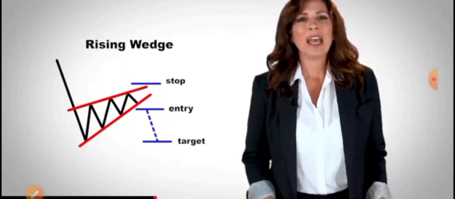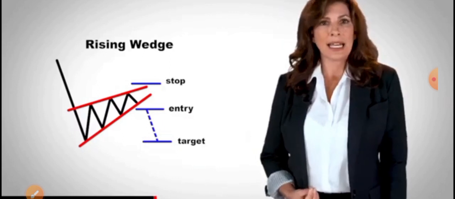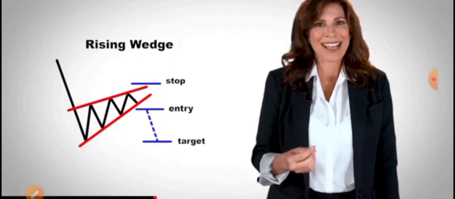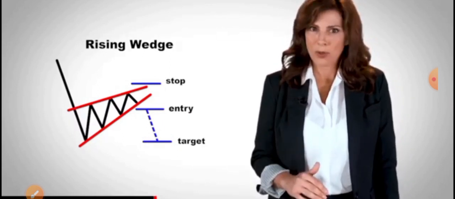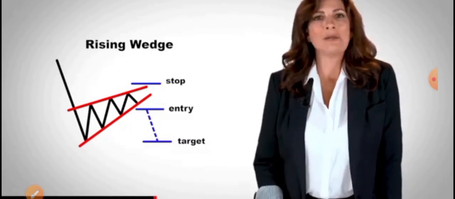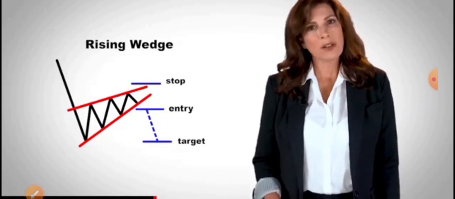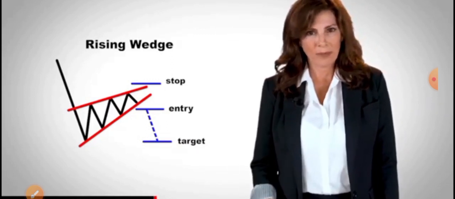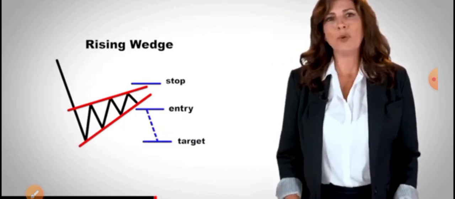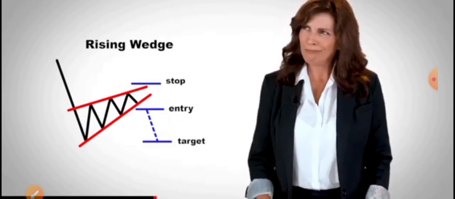As you can see, the price came from a downtrend before consolidating and sketching higher highs and even higher lows. In this case, the price broke to the downside and the downtrend continued. That's why it's called a continuation signal. See how the price made a move down that's the same height as the wedge?